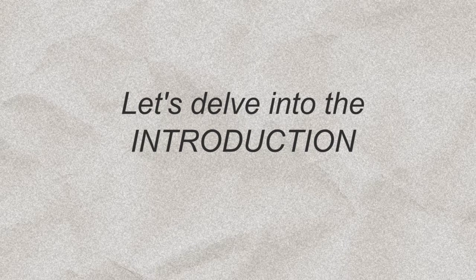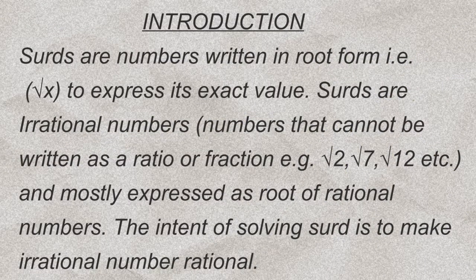To start with, let's delve properly into the topic for today, which is surds. As an introduction, we can say surds are numbers written in root form. That is, when you have the square root of x, they are used to express its exact value.